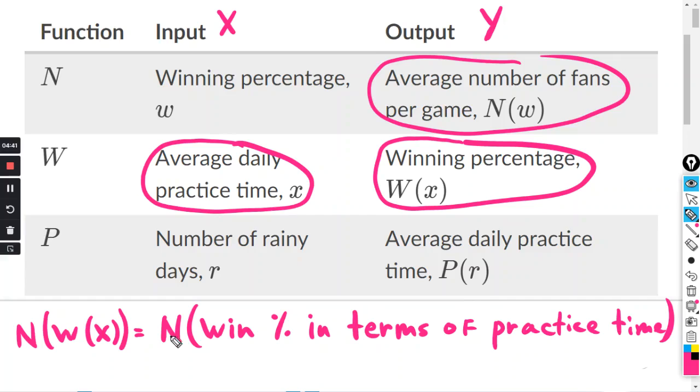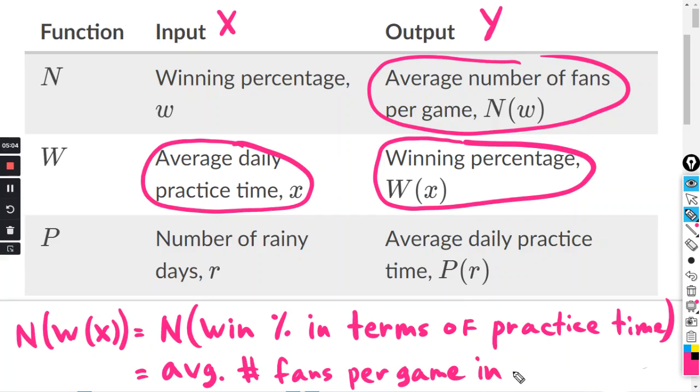So since this is an N function, it's going to be the average number of fans per game in terms of practice time, okay?